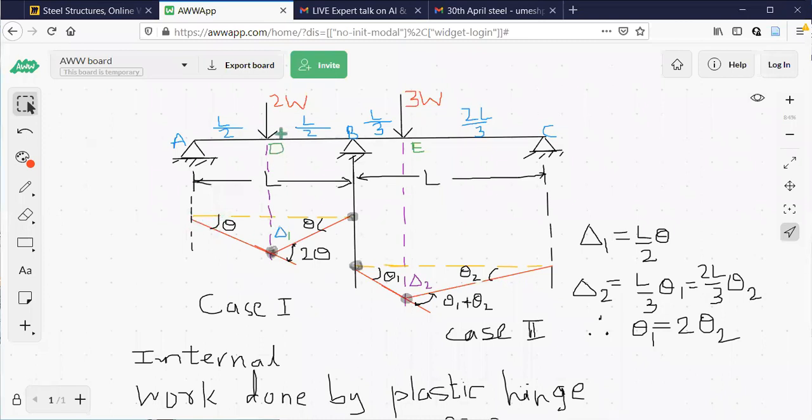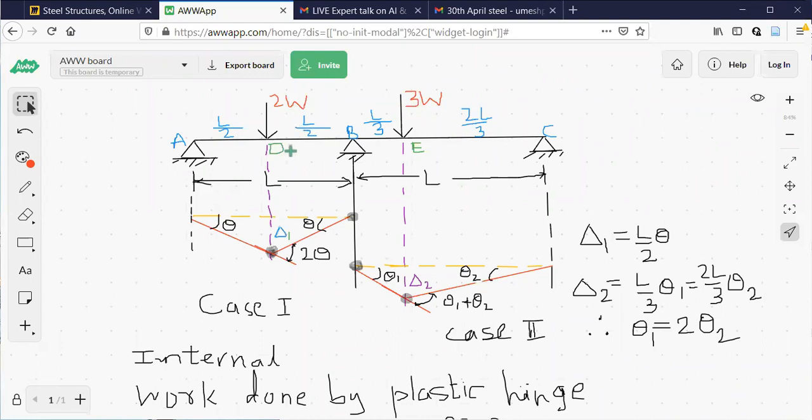Usually a plastic hinge is formed when you start increasing the load here, because you are trying to find out the critical load or collapse load at which the structure collapses. It means we are gradually increasing this value 2W. The value of W is continuously increasing till plastic hinges are formed, till the material collapses or the span collapses or the structure collapses.